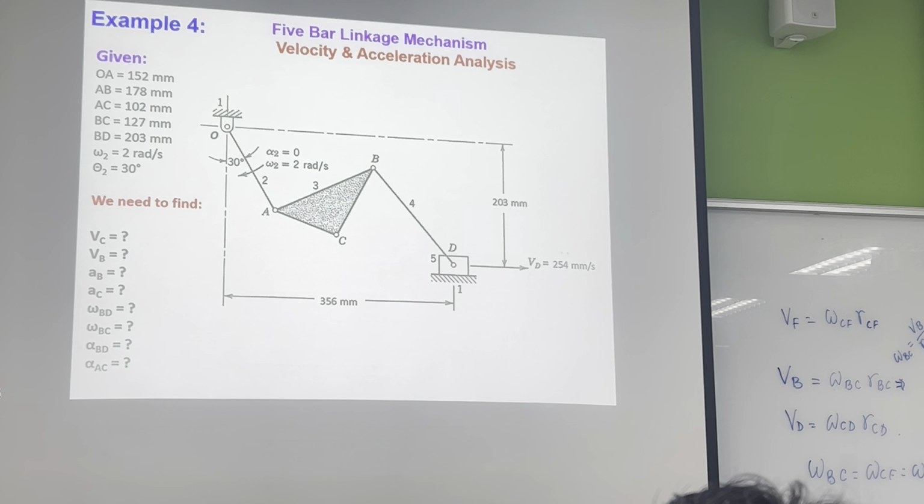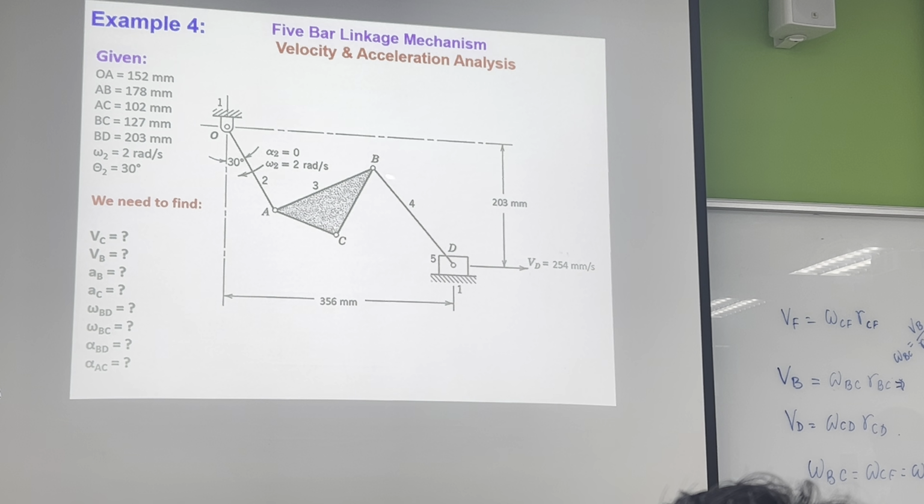One good thing is, in our assignment case, we were required to find the velocity of BD. But here, luckily, the velocity of D is given to us. And that's the only savior. Now have a look.